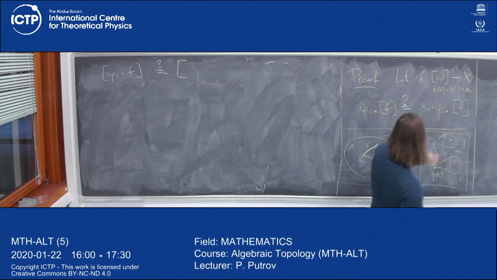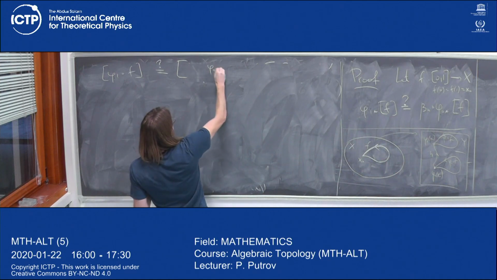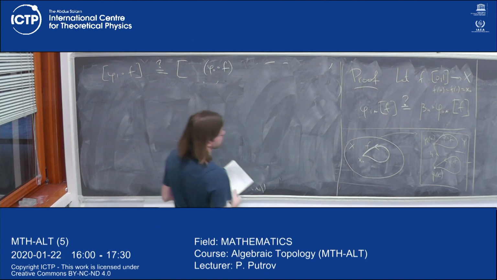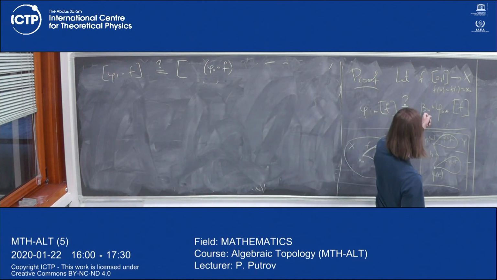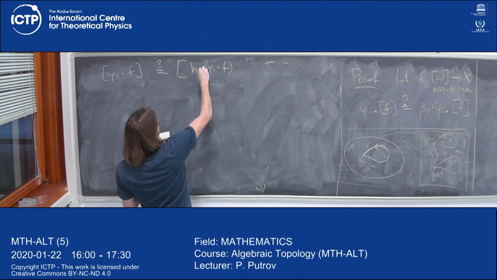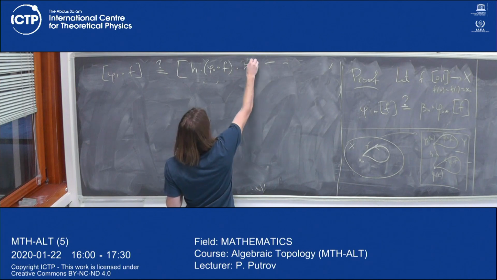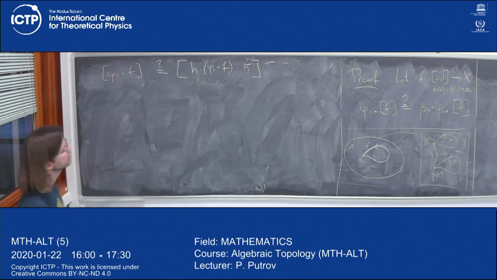So I should apply the following composition. If I first apply phi 0, so this is just the composition phi 0 with f, and to apply this beta H, I need to compose it with h on the left and h bar, the inverse path, on the right, and I have to take this class.